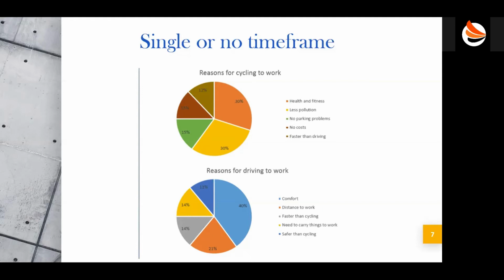So for static statistical information questions, you may deal with just a single time frame or no time frame at all. And for this question, for example, we have no time frame at all, and it's looking at reasons for cycling and driving to work. So these two make up statistical information questions.